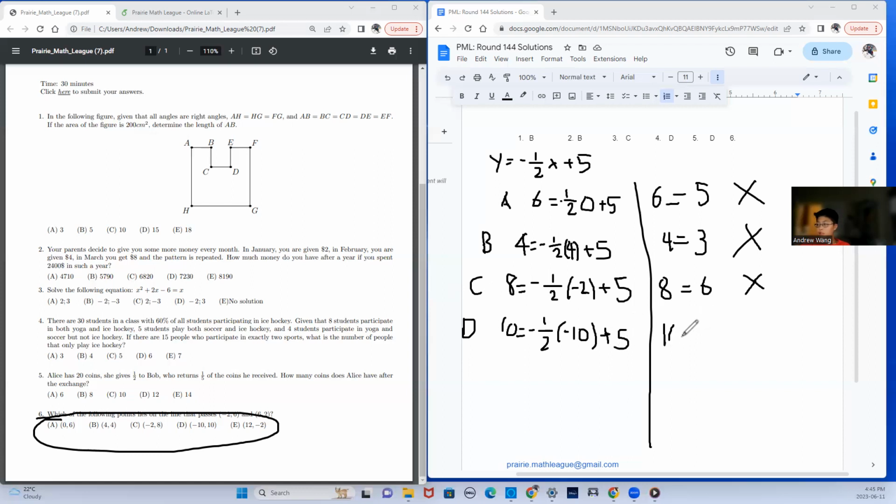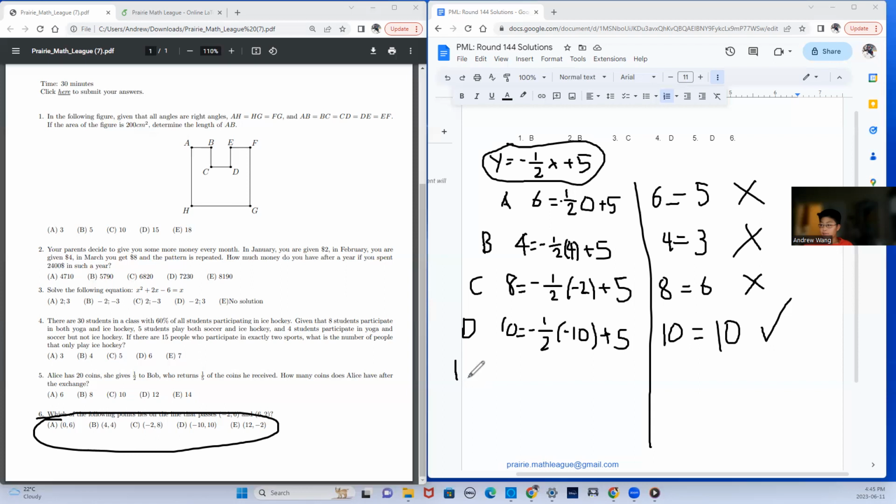And supposedly 10 equals -1/2 times -10, which is 5, plus 5 equals 10. So 10 equals 10, and it actually is 10. So that means the coordinates of D actually match the equation of the line y equals -1/2 x plus 5. And therefore D, -10, 10, this point lies on the line.